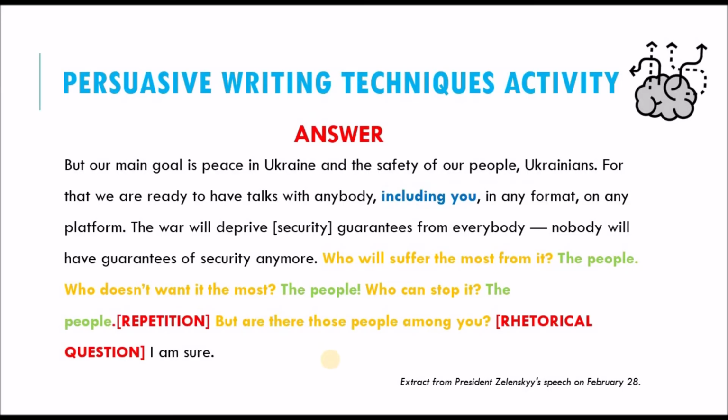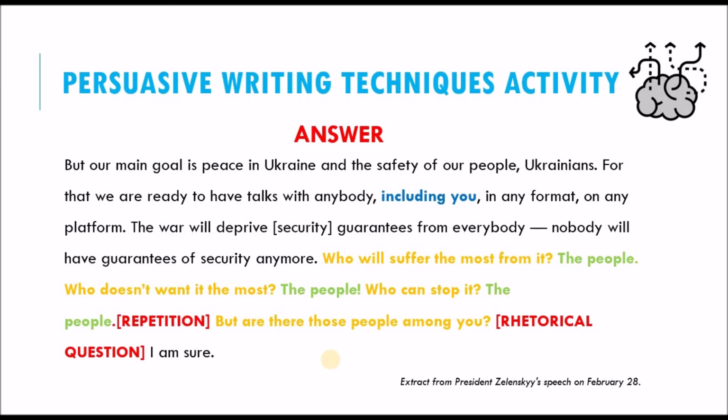We can also say that there is an attempt at direct personal appeal here. It's not as clear as the repetition and the rhetorical question, but there's an attempt at direct personal appeal.